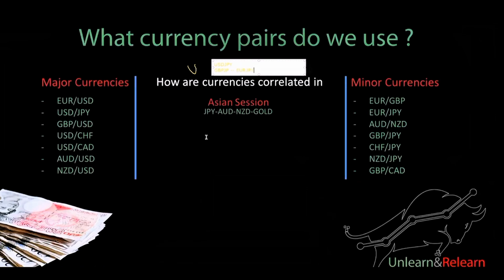Now this will be sort of interesting for some people. When you're looking at USD JPY in the Asian session, you're going to notice that there's only JPY that's open in USD JPY, only JPY that's open in GBP JPY, and only JPY open in Euro JPY. So in the Asian session, you might find that all the JPY pairs tend to move the same way.